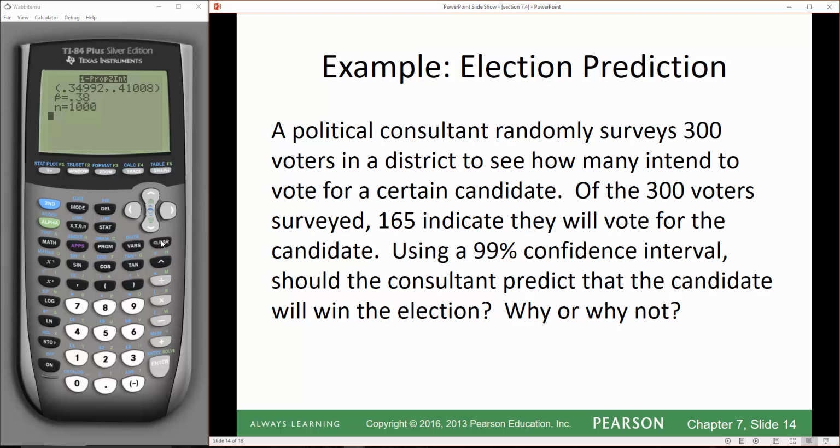So if I go back in and go to my stat menu, go to test, and then go down to option A, the 1 prop Z interval. So my X value here would be 165. My N is 300. My confidence level is 0.99. I can go to calculate, and there's my interval, right?